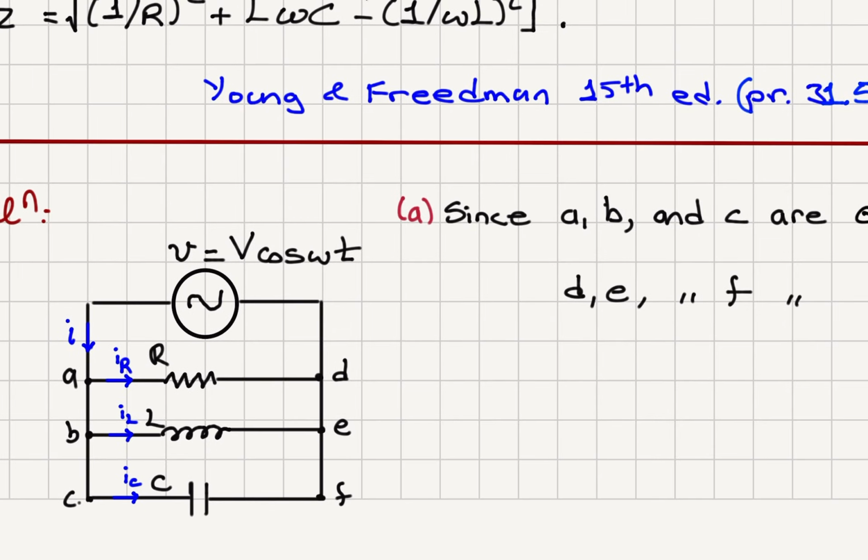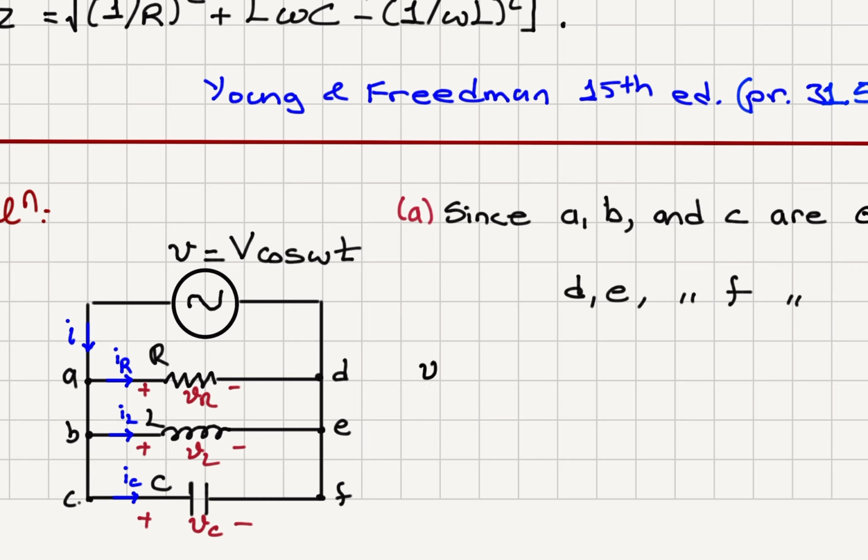The voltage across the resistor, plus minus V sub R, voltage across the inductor, plus minus V sub L, voltage across the capacitor, plus minus V sub C. These three voltages should be equal.